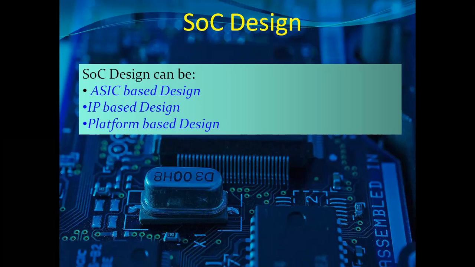Now that should give you some idea of what is the difference between an IP and a macro. Macro generally refers to a fully implemented form, okay? So where it is ready to use and only the interfacing is required, whereas IP can be made available for reusability at different levels of abstraction, okay?